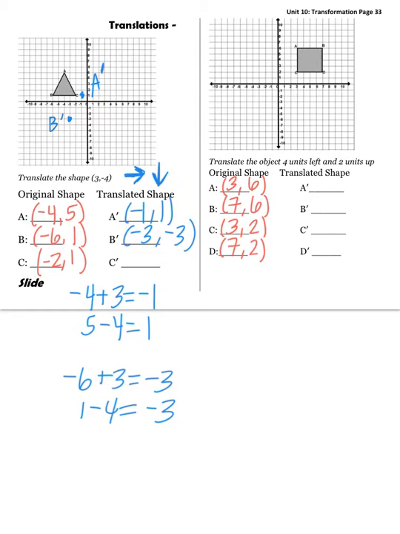Okay, C prime. So the original x value was -2. -2 plus 3 is 1. Original y value was 1. 1 minus 4 is -3. So if we look at the original shape, B and C are 1, 2, 3, 4 units apart. B prime and C prime are also 1, 2, 3, 4 units apart.